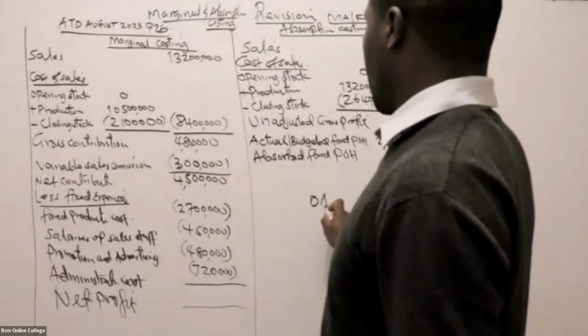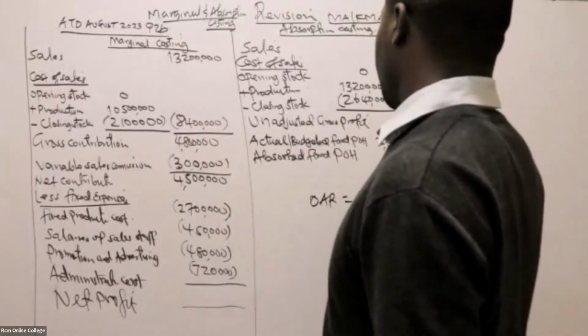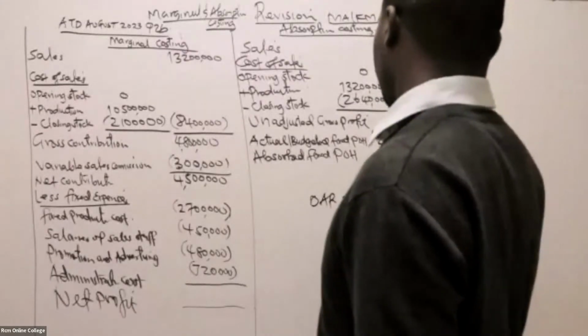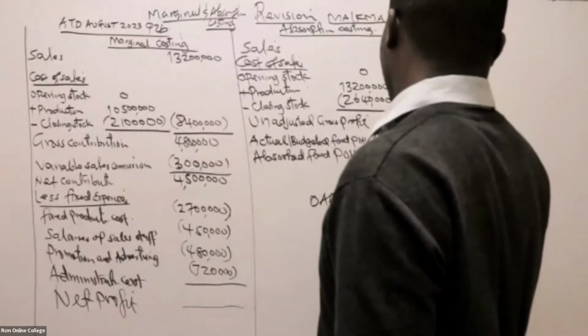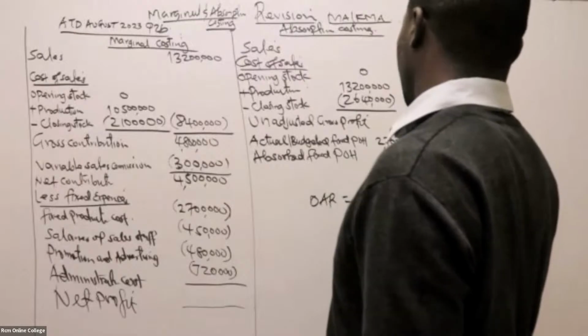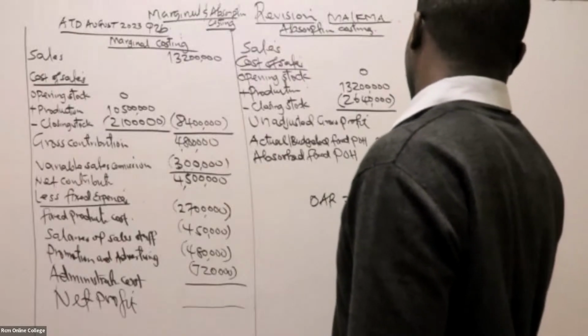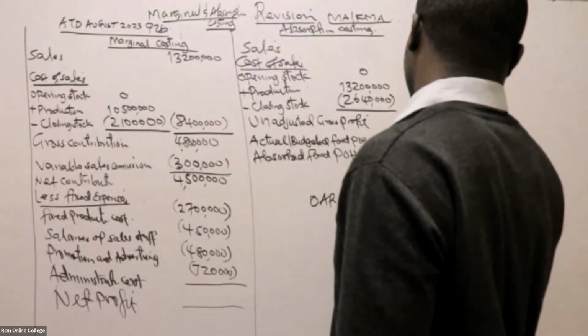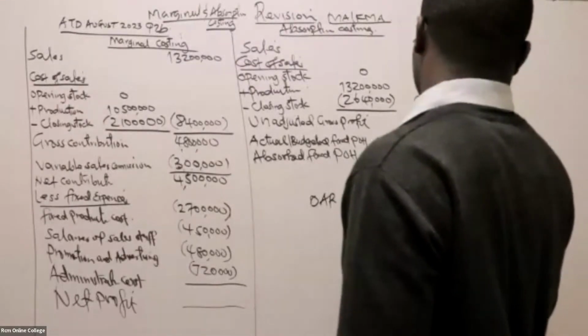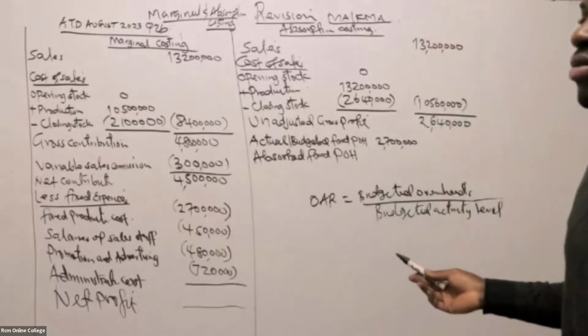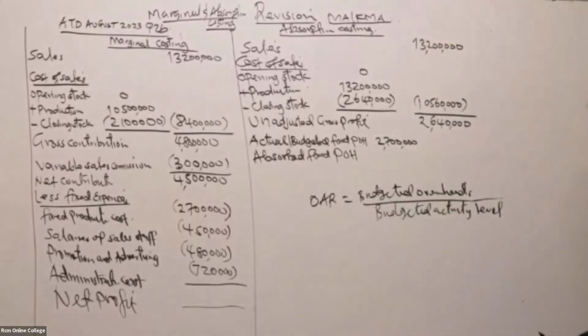So the overhead absorption rate is equal to budgeted overheads divided by budgeted activity level. I'm not being specific because this activity level can be labor hours or machine hours or units produced.